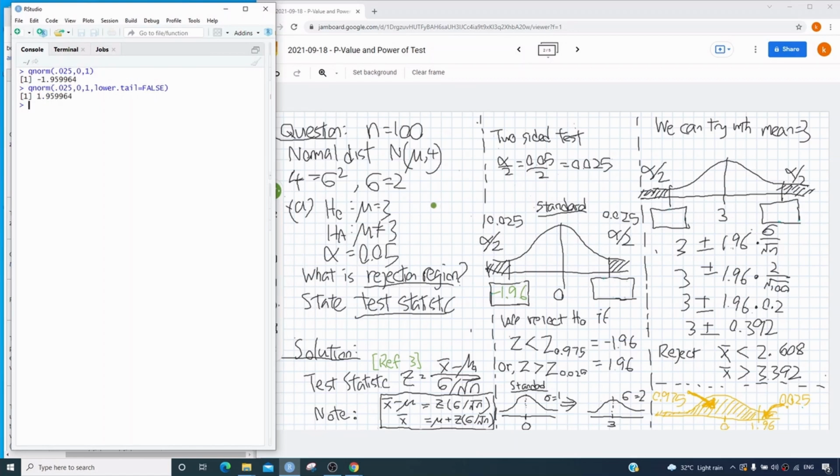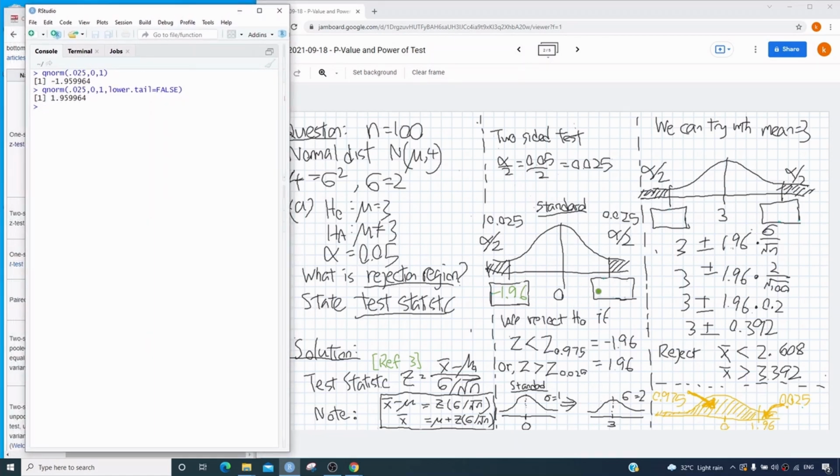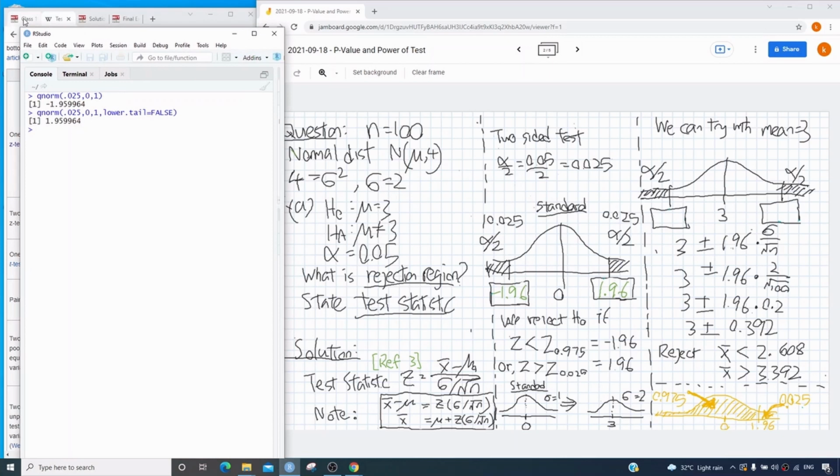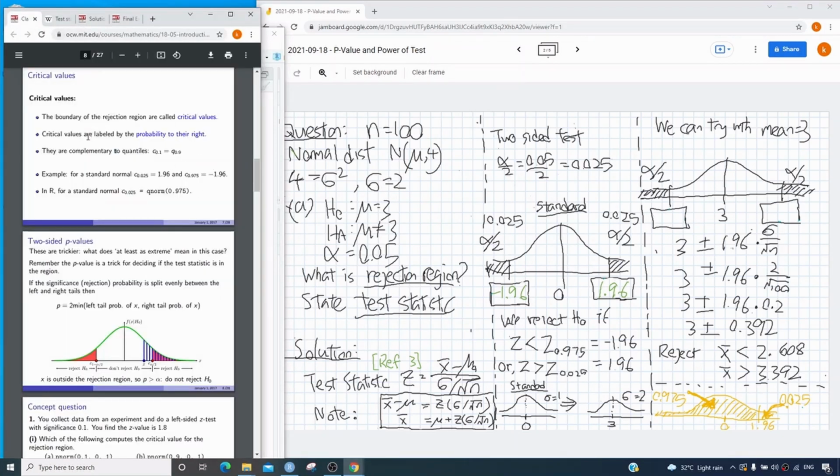So it is 1.96, and I will write 1.96. Let me go back here to the definition. The critical values are labeled by the probability to the right. So the critical value for 0.025 is 1.96.